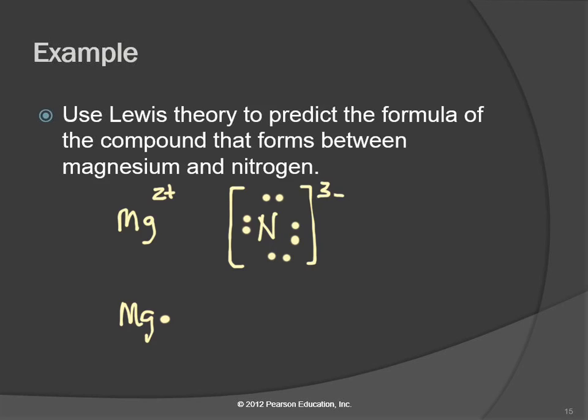So now the nitrogen's happy, but the magnesium's not happy. So what does the magnesium do? Finds another nitrogen. These guys are persistent. They're not just going to sit there and be unhappy. So here's another nitrogen. And this magnesium can unload its electron to this nitrogen. So get rid of that and put it over here.